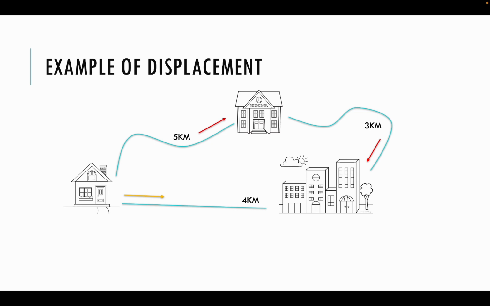The real distance from their home to the office is basically only 4 kilometers. So here we can conclude that the distance that Ali took every morning is around 8 kilometers, which is 5 kilometers to school plus 3 kilometers to the office. While the displacement is 4 kilometers.